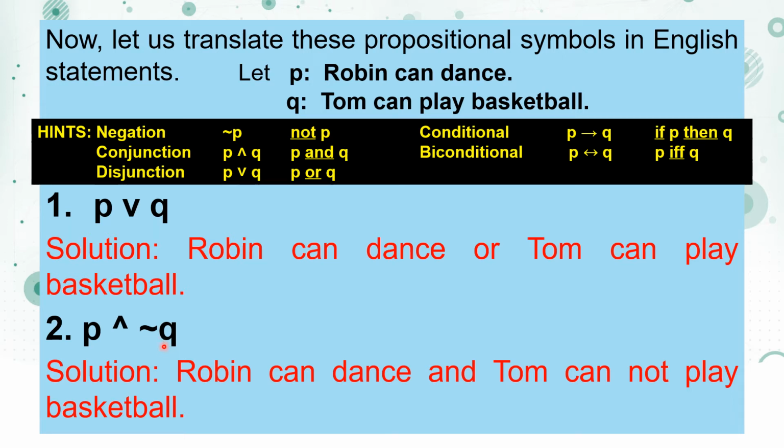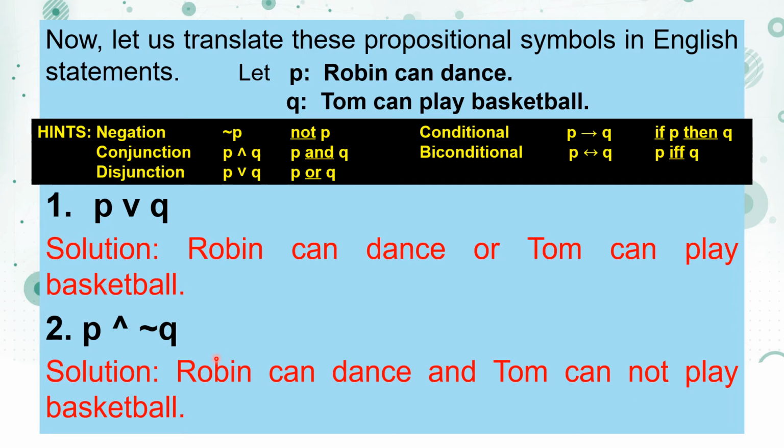Negation means it is the opposite, kabaligtaran ng ating statement. Ang statement natin ng Q ay Tom can play basketball. So, the negation of Tom can play basketball is Tom cannot play basketball.